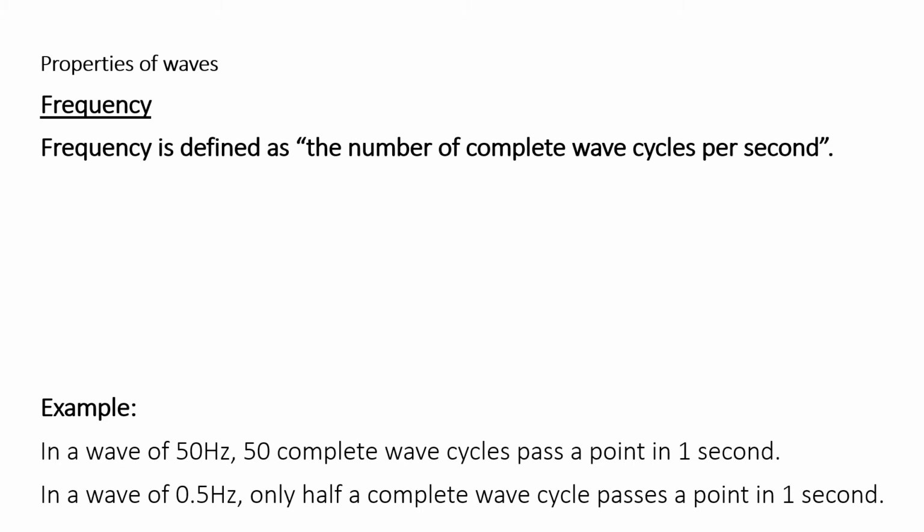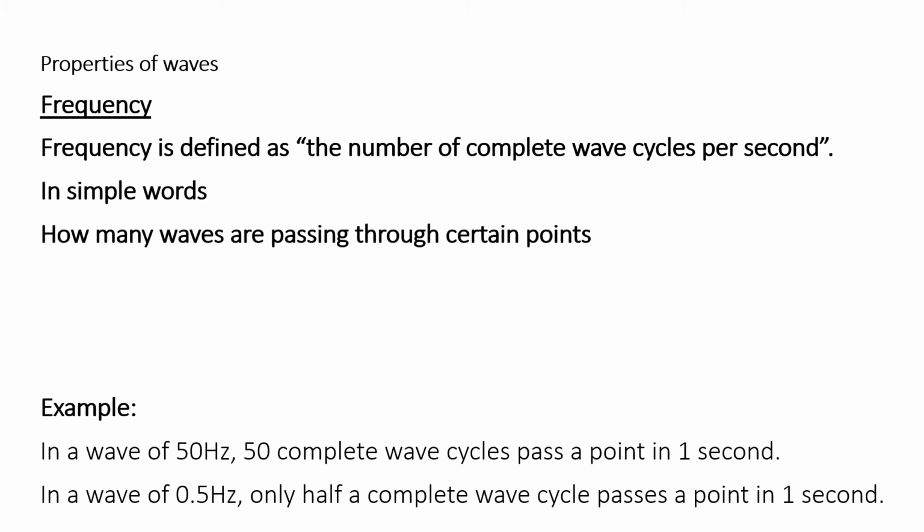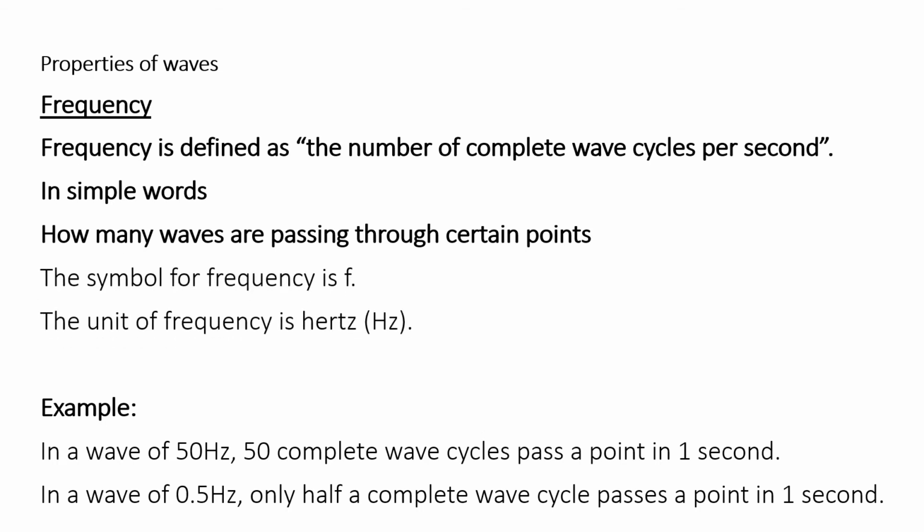If the frequency is 0.5 hertz, it means half a wave is passing through that certain point. Again, in simple words, how many waves are passing through a certain point. The symbol for frequency is f, and the unit for frequency is hertz. So you can highlight all of this information in your booklet.